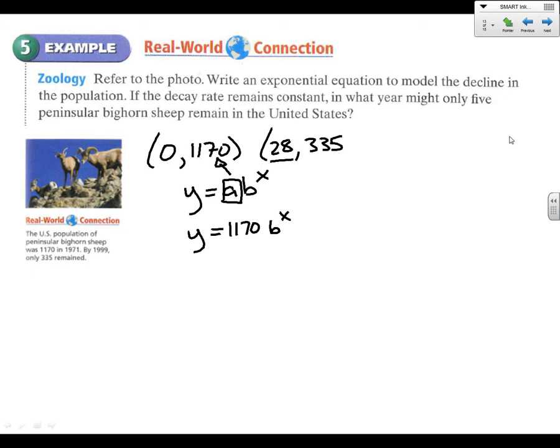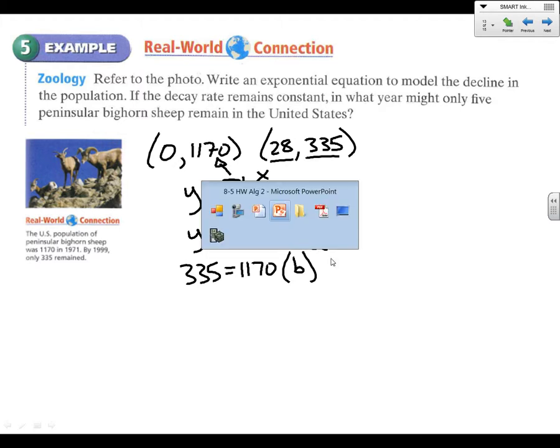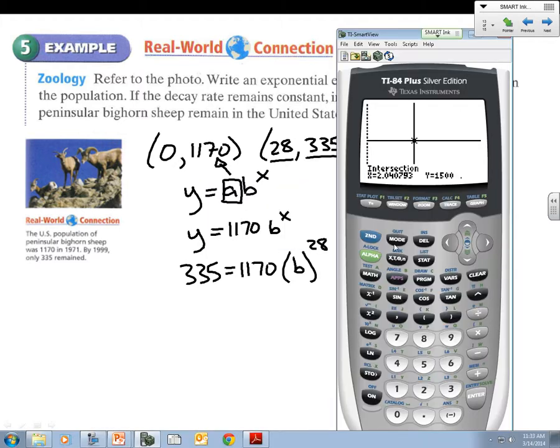Let's plug in our x's and y's from the other number. So 335 equals 1170 and B to the 28. And so calculators. Let's see, we're going to go 335 divided by 1170.